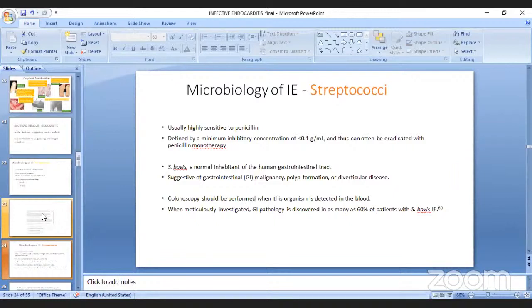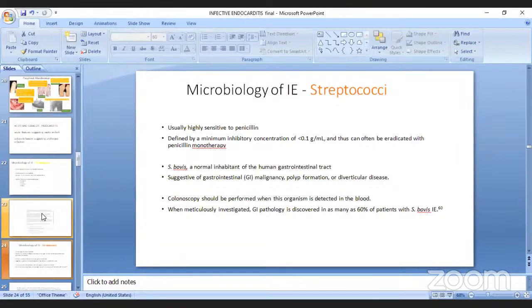Why? Because usually, and I'm really telling you, look at the last line. When meticulously investigated, GI pathology is discovered in as many as 60% of patients in S. bovis infective endocarditis. You see this patient, you label him as infective endocarditis because S. bovis is present. You do a colonoscopy, you will almost always find some gastrointestinal pathology. This is what you have to remember.